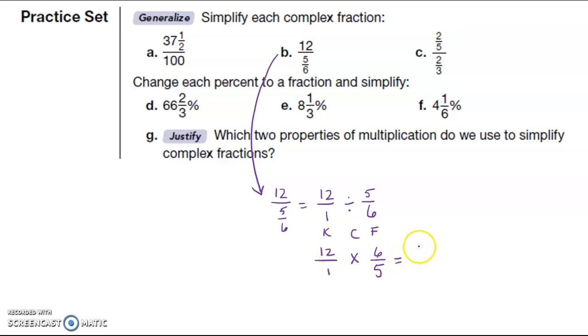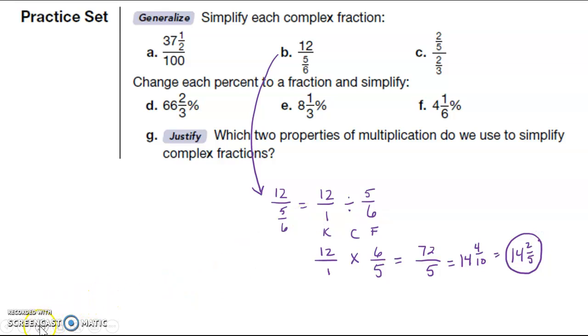And then I have 6 times 12, which is 72 over 5. 5 goes into 72 not evenly. I get 14 and 4/10, which is 14 and 2/5. And you are going to need to reduce.